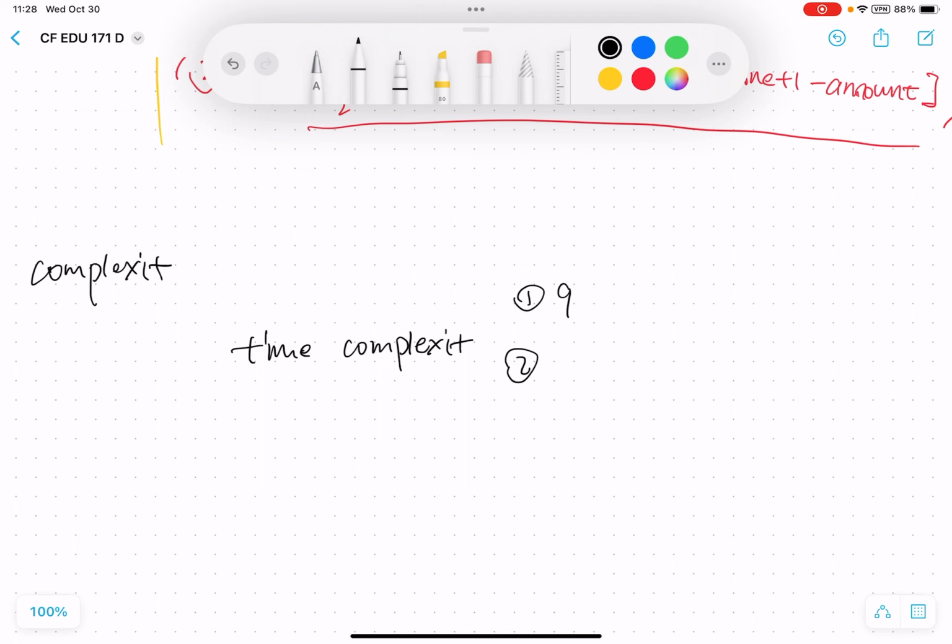For the position part, we need to use the lower bound function, so it is log n. For the last two steps, we don't need extra time, so the time complexity will be Q log n plus n log n.